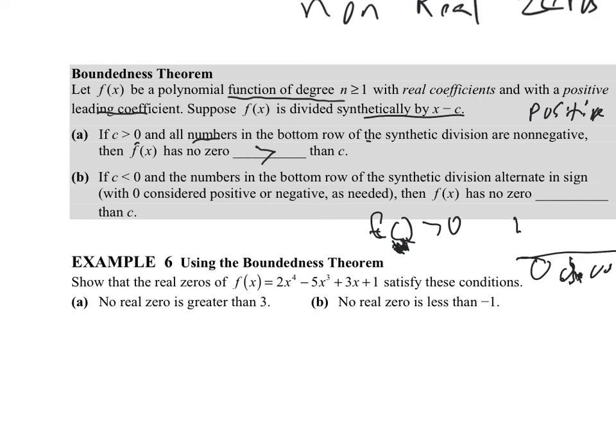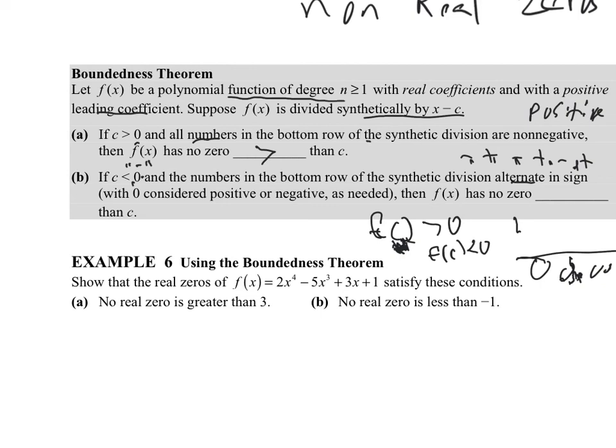If the c comes out to be a negative number, and the numbers in the bottom row of the synthetic division alternate in sign, that means plus, negative, negative, plus, to be alternating. So if we get a negative answer for f of c, if f of c is less than 0, and we get the plus, negative, what do we know?